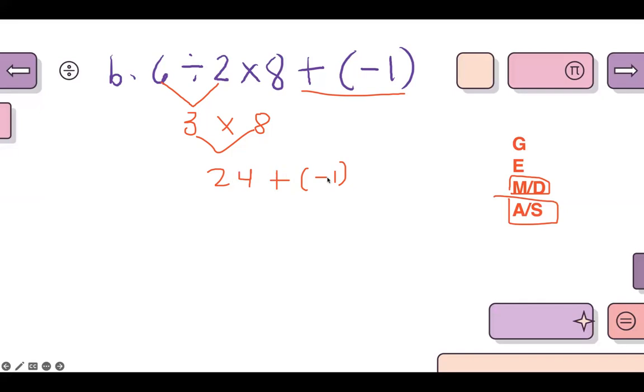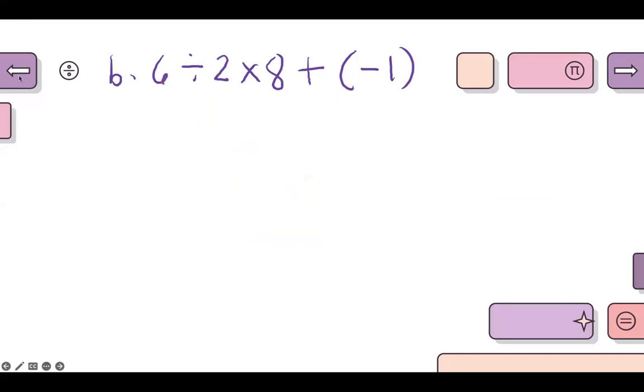So 24 plus negative 1, we are adding numbers with different signs. So we need to subtract the numbers. 24 minus 1, that is 23. Let's copy the sign of the number with the greater value, which is 24. Positive 24. So our answer is positive 23.